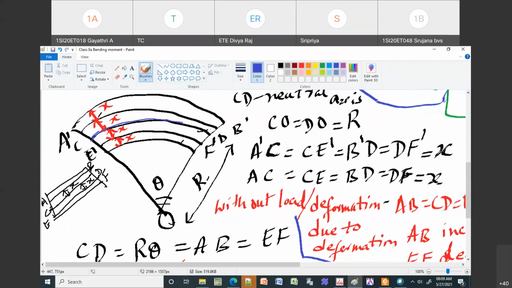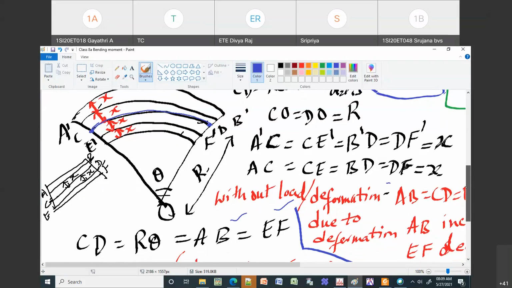It is like an arc. So if I want to write this distance, you are going to use r and theta. So it will be r times theta. Okay. So CD is equal to r times theta. As all lengths have to be the same initially without any deformation, this will also be equal to AB and also equal to EF. Okay. So that is the first thing that you get.